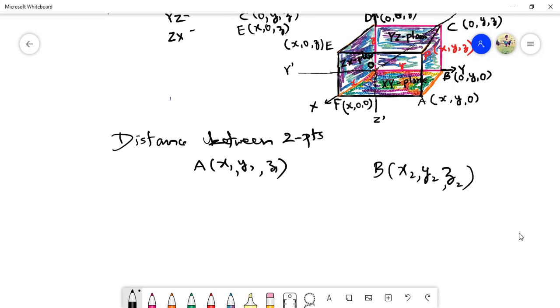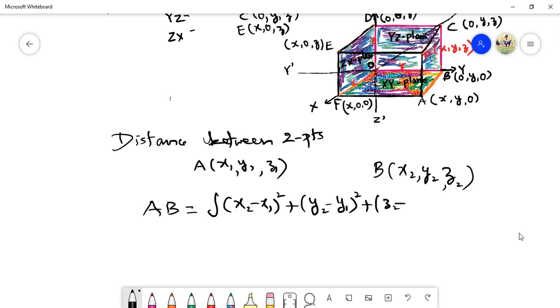So it is the same formula. AB is equal to, you know that, under root (x2 minus x1) whole square plus (y2 minus y1) whole square plus (z2 minus z1) whole square.